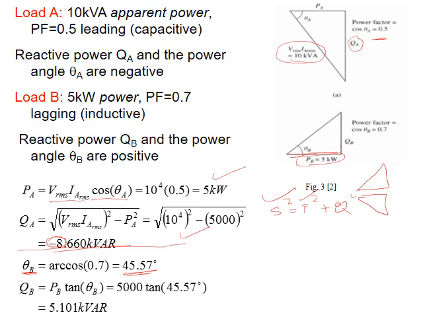So I found the angle theta, then Q is P tan theta, because tan is opposite over adjacent. This is from trigonometry. Theta I already got, P is given in the question, so just substitute to find Q. If I have Q and I have P, can I find S? Yes, because we have a formula, as you can see here.